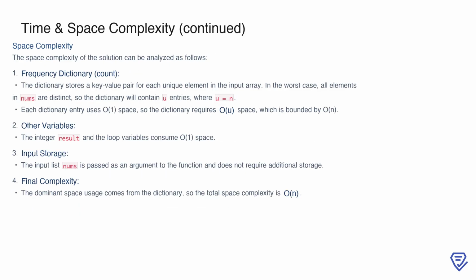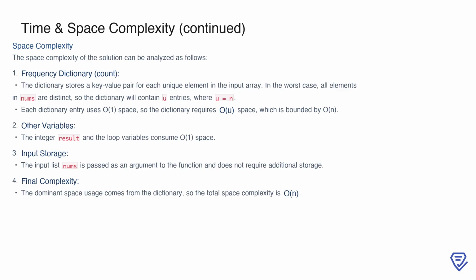Now, let's analyze the space complexity. The primary contributor to space usage in this solution is the frequency dictionary, which stores a key-value pair for each unique element in the input array. In the worst case, where all elements in nums are distinct, the dictionary contains u entries, where u equals n. Each entry requires constant space, so the dictionary uses O(u) space, which simplifies to O(n).